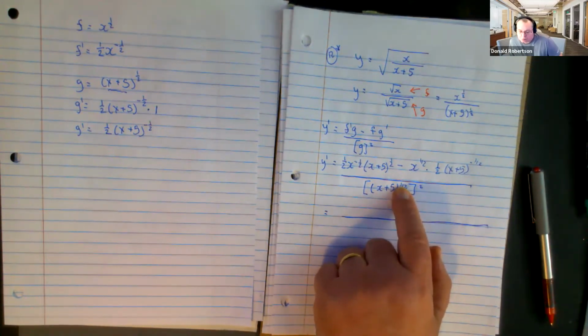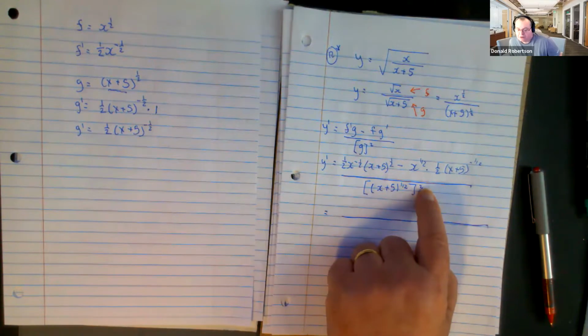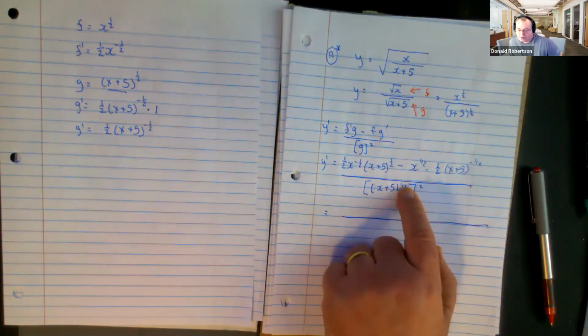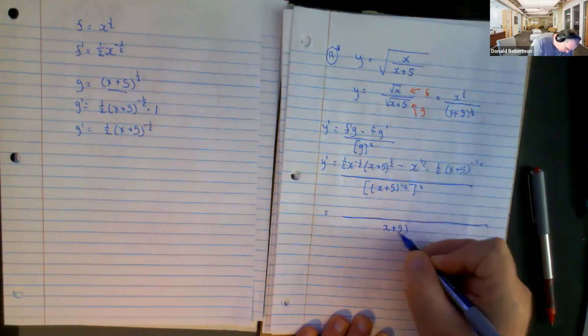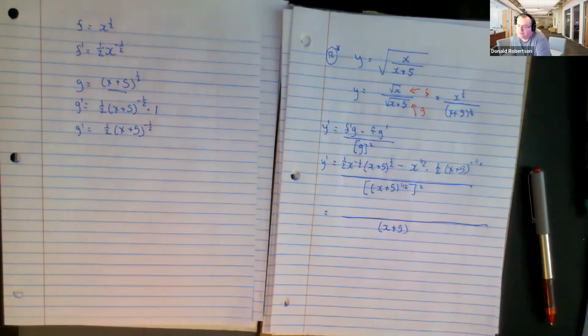Well, when you take one power and raise it to a square, don't you just multiply them together and that gets you 1. The net effect is that the bottom is actually quite nice. Like a square root being squared, right? They cancel out, you're just left with x plus 5. Now, the hard part.